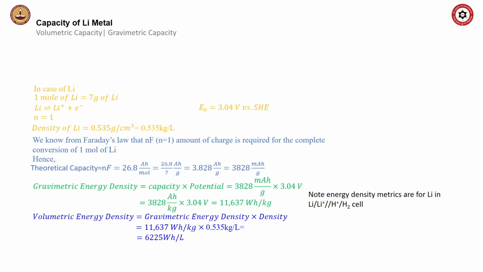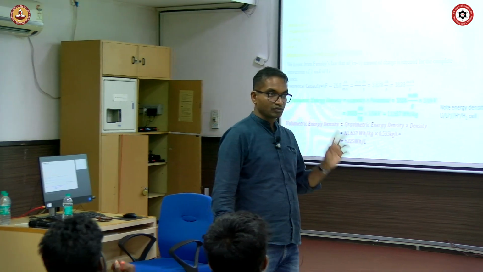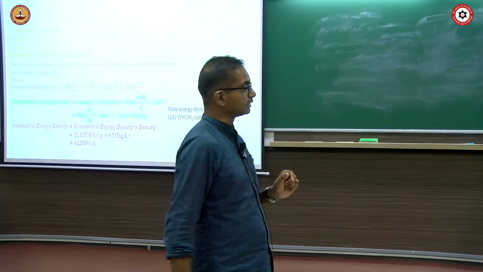That is the stoichiometry, so n is equal to 1. I also know the density of lithium. Keep that in mind. And I know for the lithium oxidation reaction this is the potential. But what you see in your textbook is the standard reduction potential, that means the reverse. The standard reduction potential is minus 3.04 with respect to SHE.